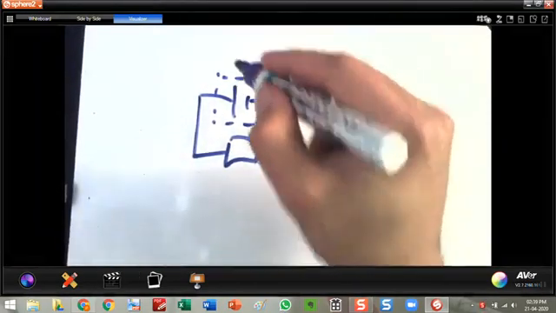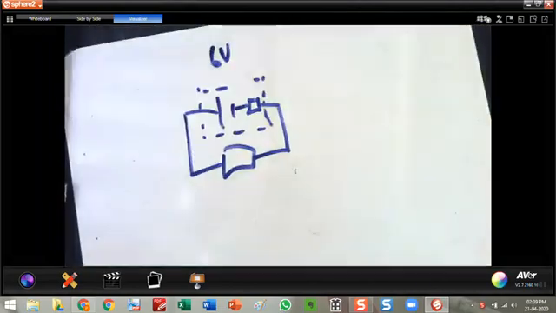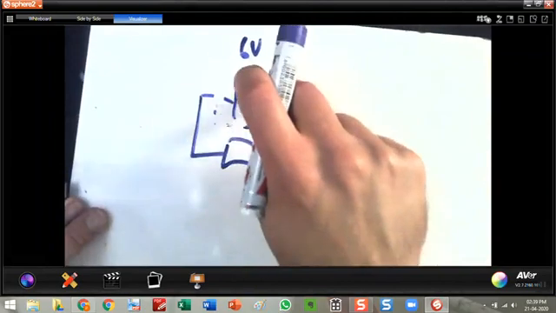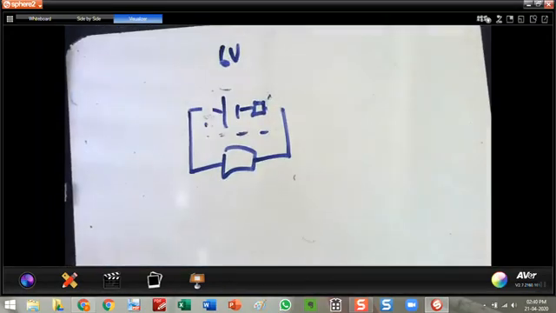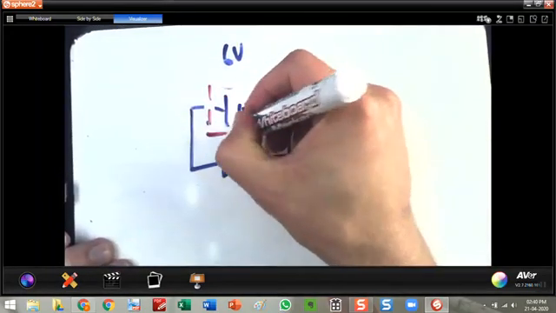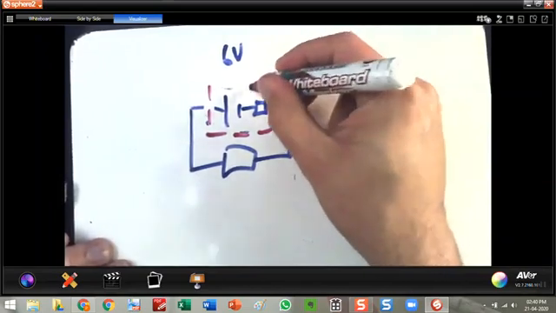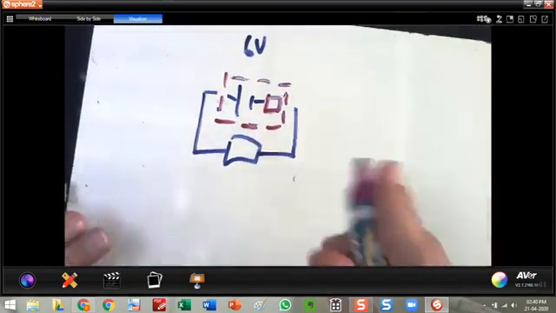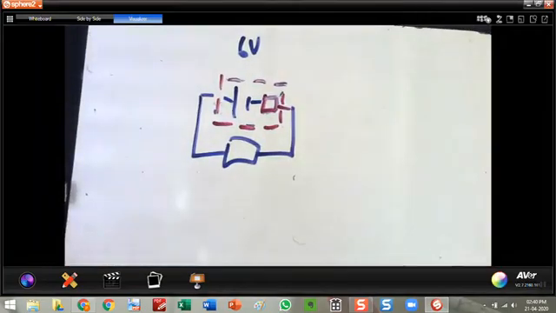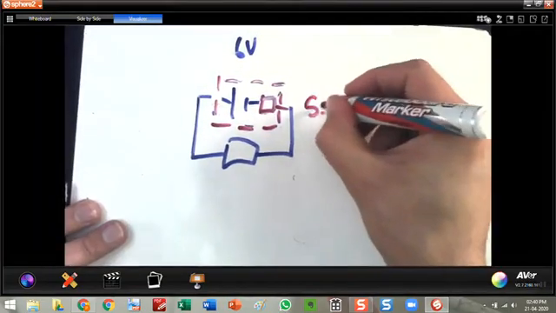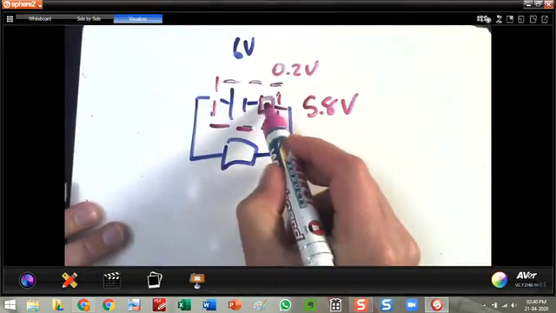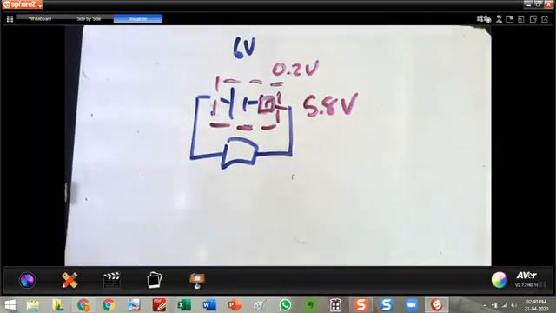The cell has an EMF of 6 volts, but internally there is some corruption happening, and the cell is stealing away some of the energy that is supposed to go to the rest of the circuit. The rest of the circuit only gets 5.8 volts, so 0.2 volts is being used up by this internal resistance.